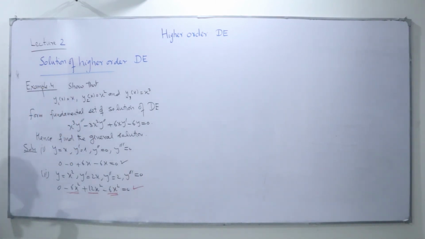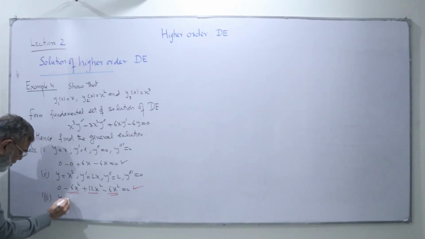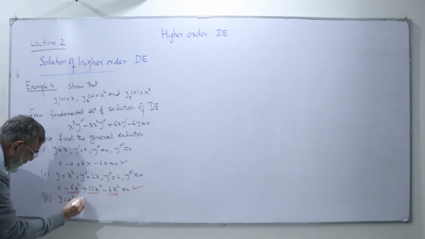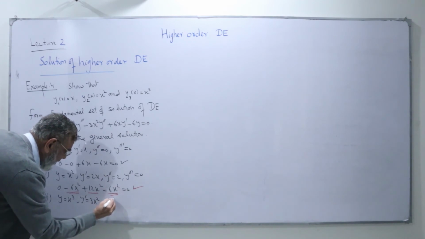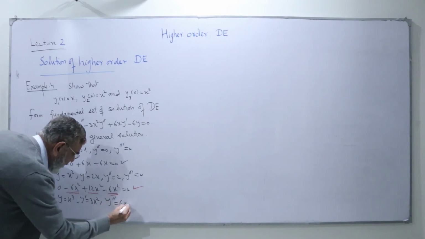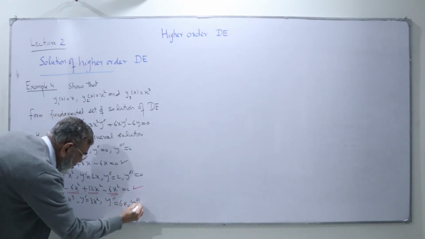We take number three, which is x cubed. So y equal to x cubed, then y dash is equal to 3x squared, y double dash is equal to 6x, y triple dash is equal to 6.